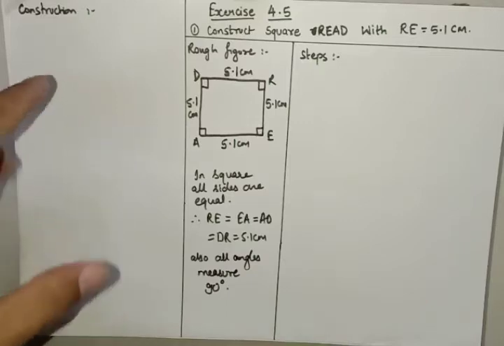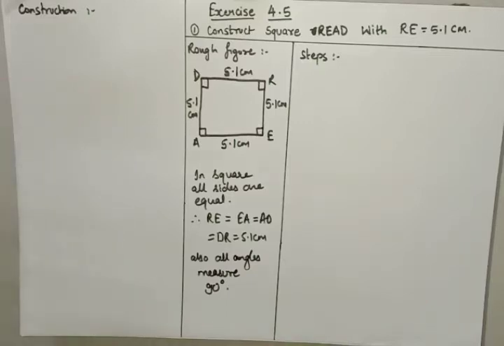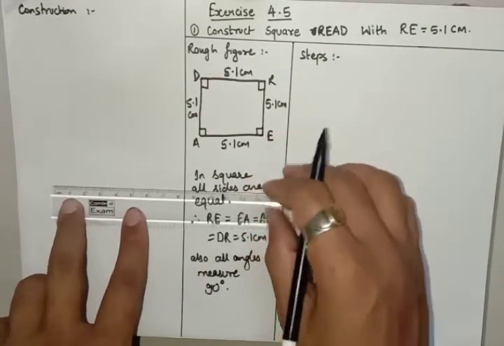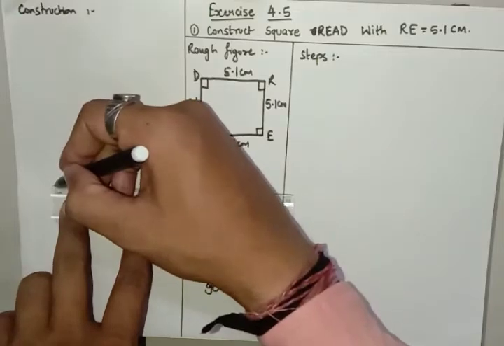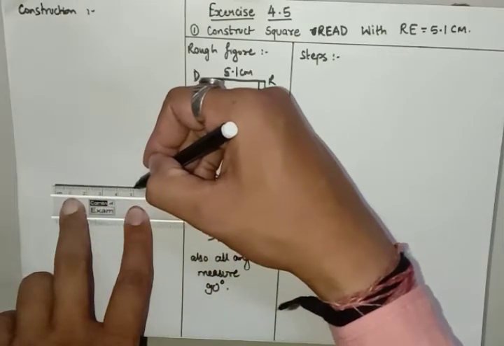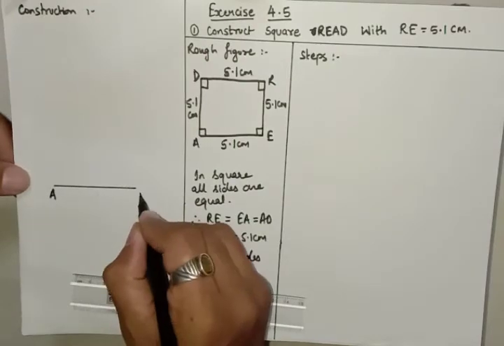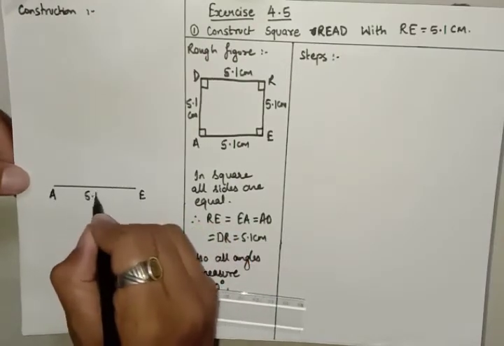Now we have all of its sides and all of its angles, right? So we will start the construction part. Simple it is. I will draw a baseline of 5.1 centimeter, that is AE of measurement 5.1. So this is line AE of measurement 5.1 centimeter.